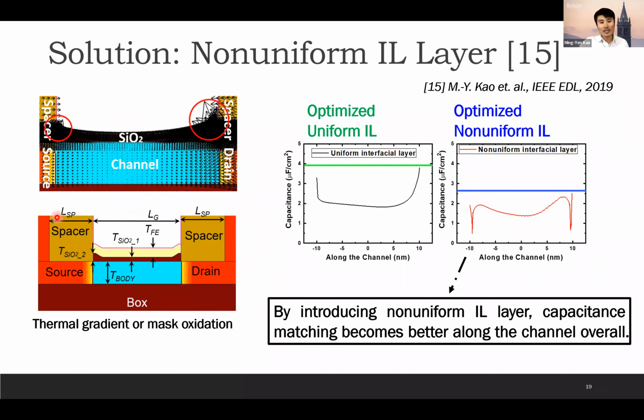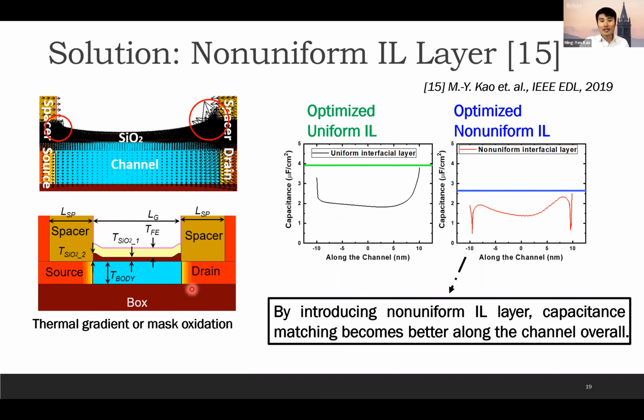And we propose this design. We will have thicker silicon dioxide at the edge and thinner at the center of the channel. By a potential process technique, thermal gradient or mask oxidation, we can achieve this transistor design.